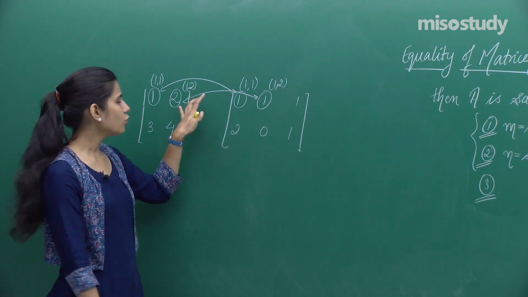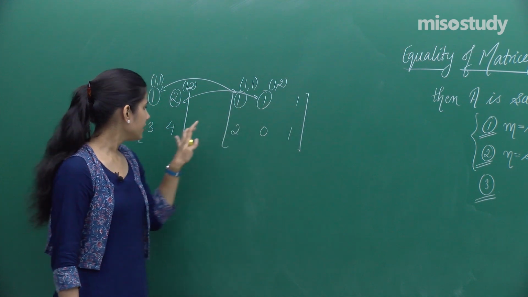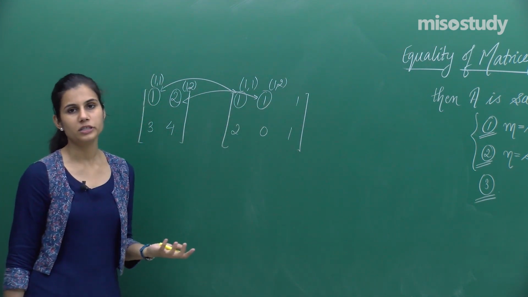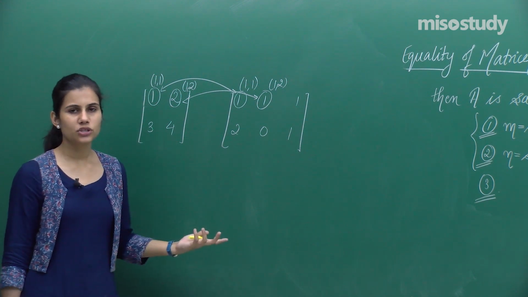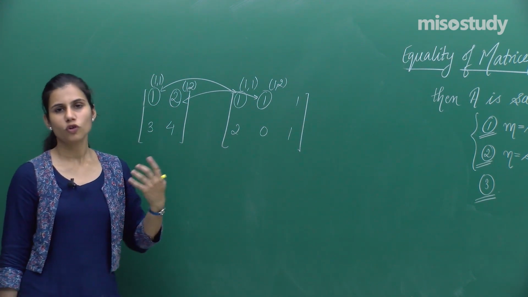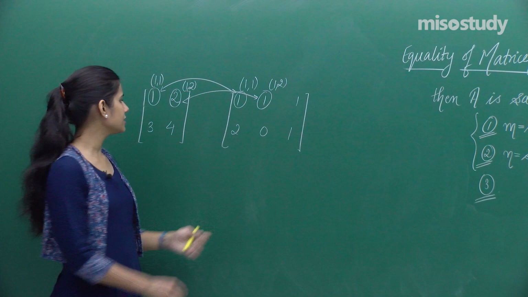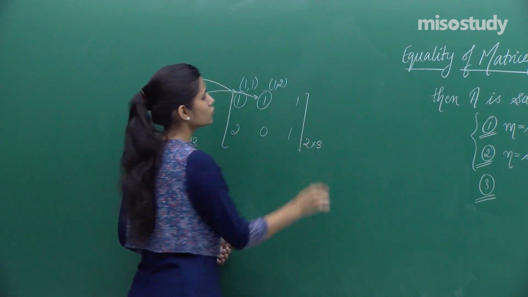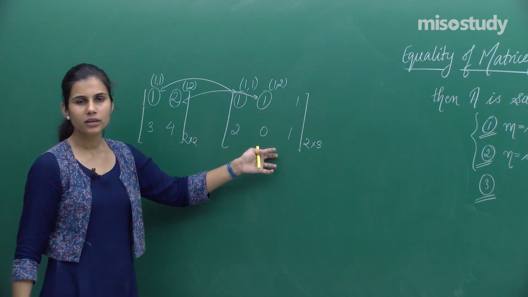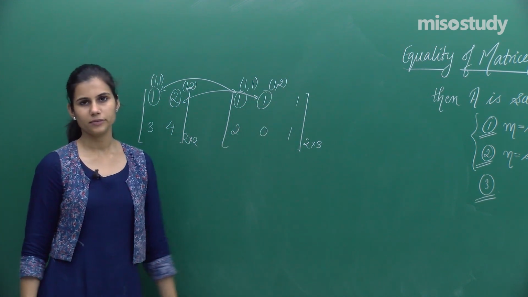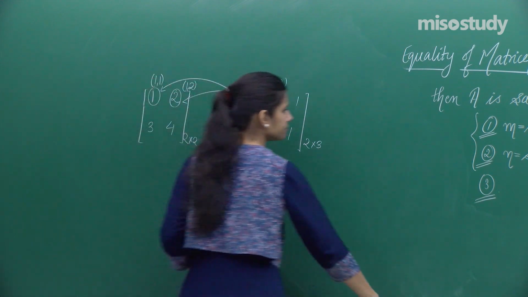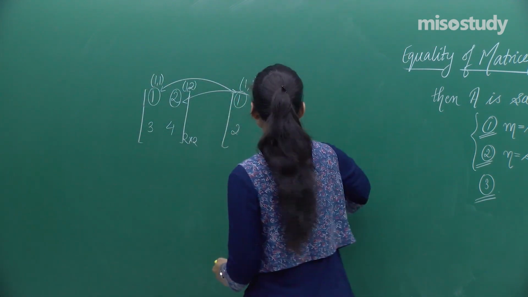The difference is coming because of the orders being different. Orders create positions, positions come as a result of orders. Therefore, orders are different. This is 2 cross 2, this is 2 cross 3. So obviously there is one column extra over here, and therefore there are 2 positions extra over here, even when the number of rows is the same. Clear? So let's complete this article.